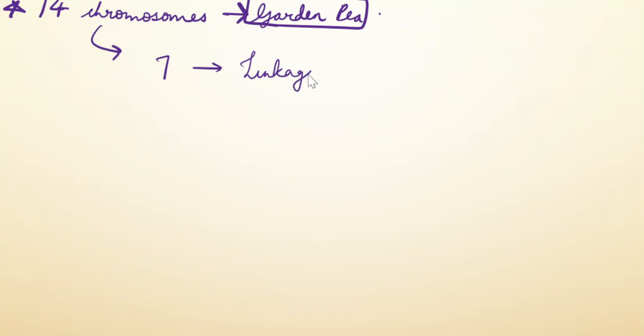This is the pea which was used by Mendel for his experiments in the field of genetics. So there are 14 chromosomes, the haploid number is 7, so there are 7 linkage groups in garden pea.